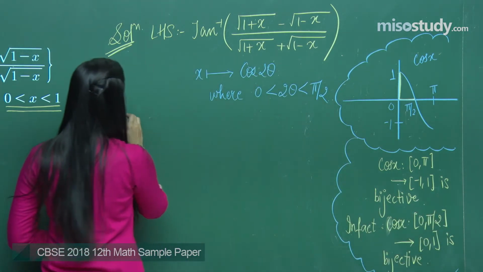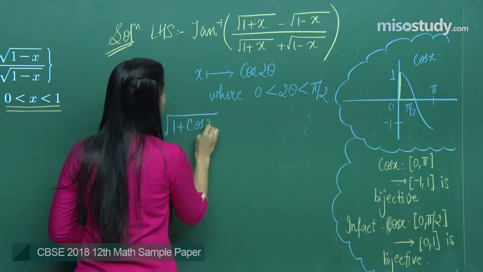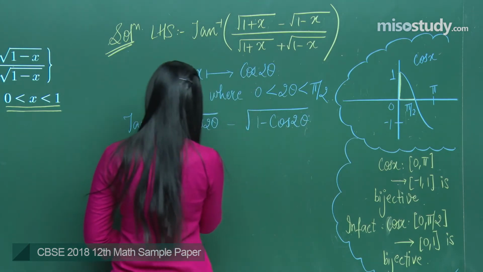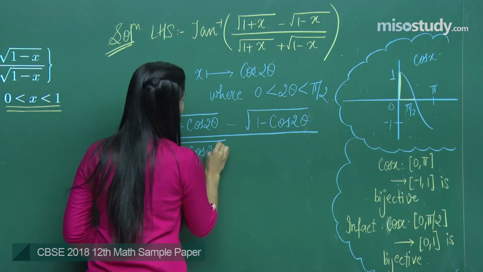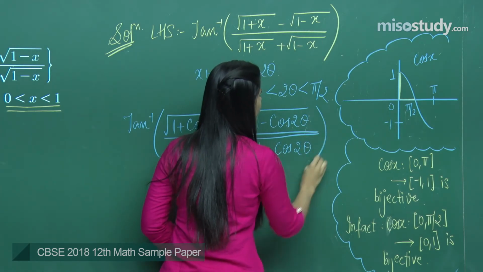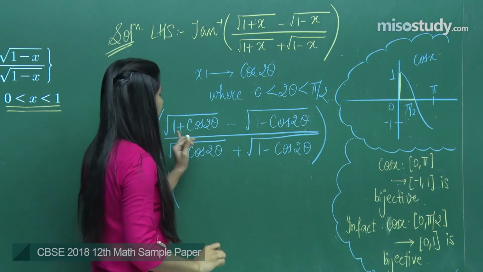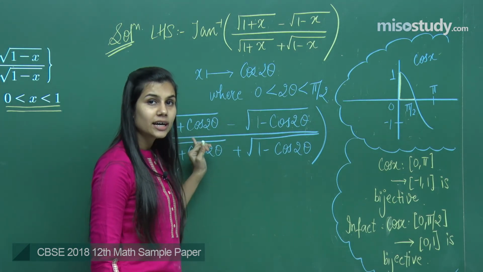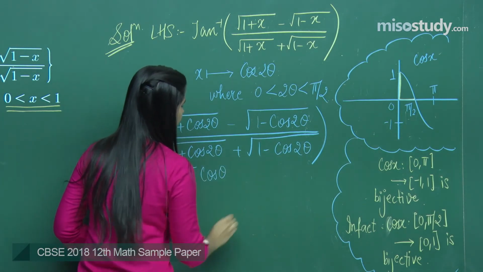So what is happening then? You get tan inverse of under root 1 plus cos 2 theta minus under root 1 minus cos 2 theta, whole upon under root 1 plus cos 2 theta plus under root 1 minus cos 2 theta. So this becomes what? Tan inverse. 1 plus cos 2 theta is 2 cos squared theta. 2 cos squared theta inside the under root gives you root 2 cos theta.